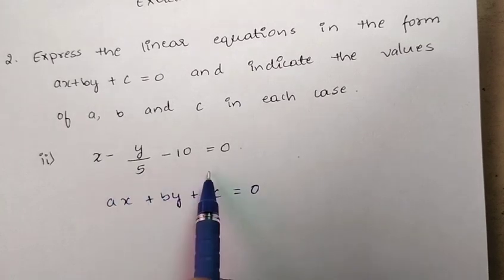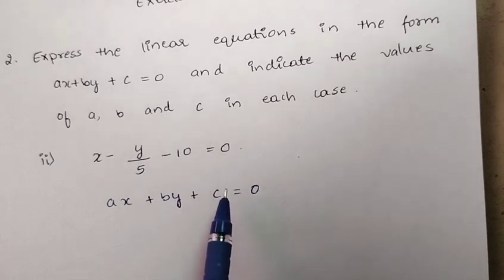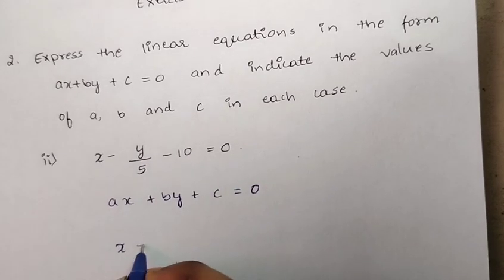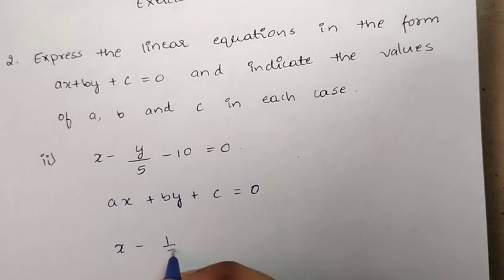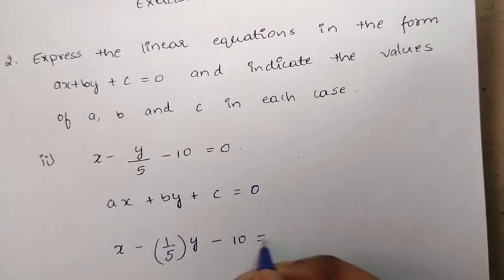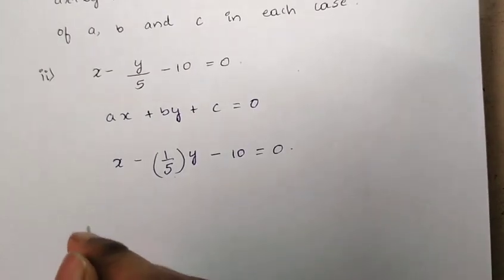The given equation is already in the standard form. You just have to indicate the values of a, b and c. Now we can write the given equation as x minus 1 by 5 into y minus 10 is equal to 0. This makes it easy to indicate the values of a, b and c.